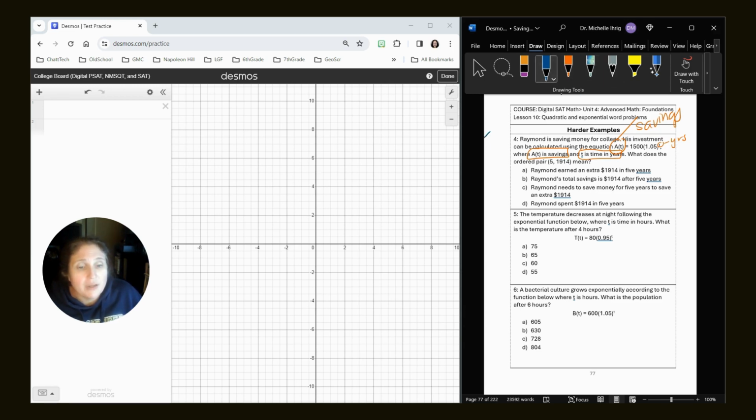Well, remember, if we think of ordered pairs, it's x and f of x, where x is the input and f of x or y is the output. That's the same thing here. The difference is t is our x value and A of t is our y value.